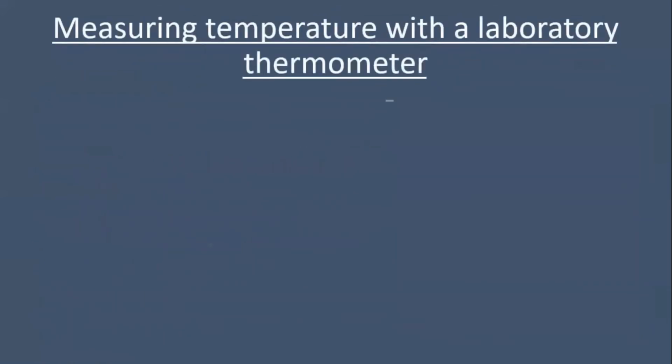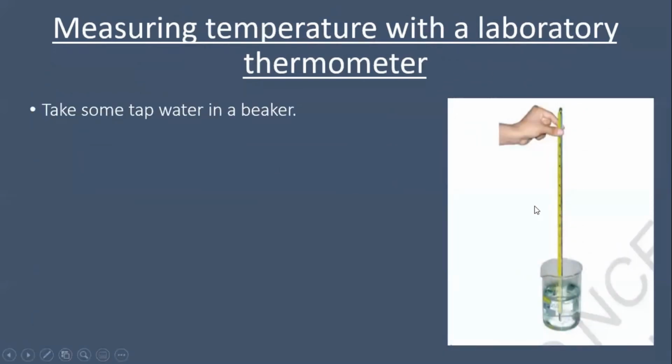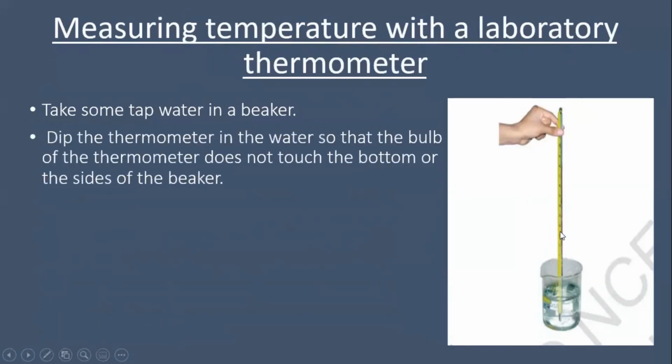Now let us learn how to measure temperature with a laboratory thermometer. Take some tap water in a beaker. Dip the thermometer in the water so that the bulb of the thermometer does not touch the bottom or the sides of the beaker.